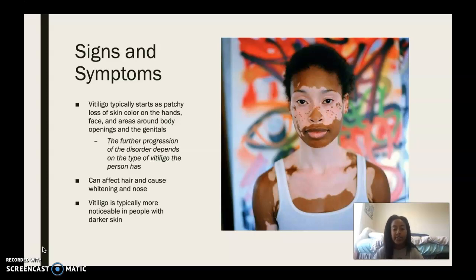Further progression depends on which type of vitiligo you have. It can also affect the hair and cause whitening of the hair follicles. It is also more noticeable in people with darker skin because when they lose their pigment, there's a larger contrast, as you can see in the picture on the right. In people with lighter skin, you can't really tell as much.